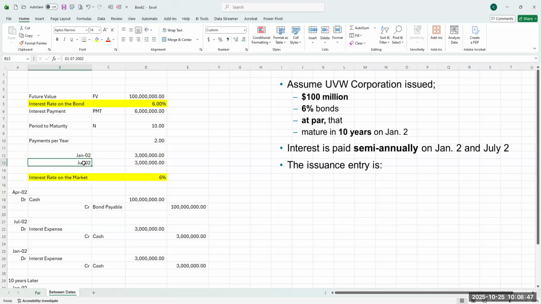Now let's think about something. If we issue the bonds on January 2nd, then February 2nd is 1 month, correct? March 2nd is the 2nd month. April 2nd, the 3rd month.